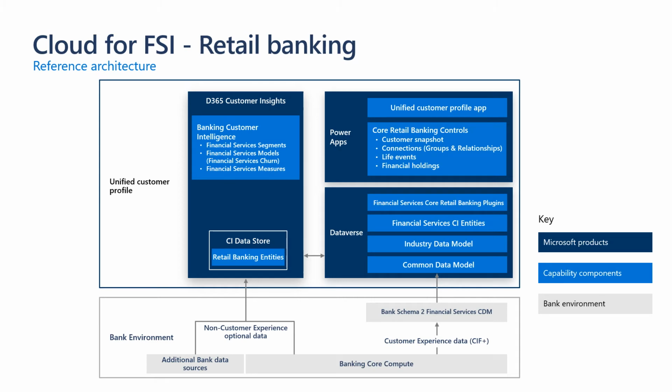Banking customer intelligence for segmentation, models, and different financial services measures. Power Apps, which include unified customer profile applications specifically built for the core retail banking controls: customer snapshot, connections, life events, and financial holdings. And everything is on the Dataverse: financial services CI entities, industry data model, and common data model.